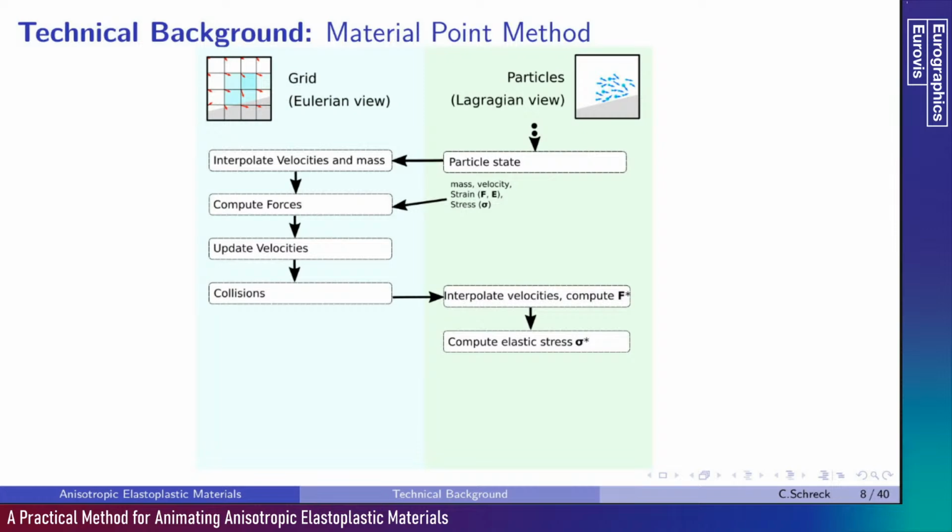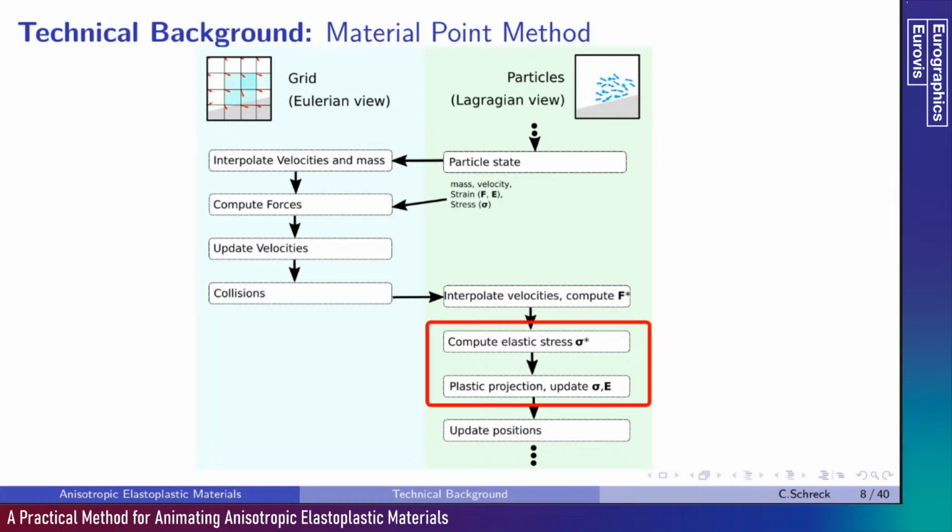To correct this, a plastic step is then applied to project the stress and the deformation back to a feasible state. Finally, the particles are advected and the loop can start over. During this presentation, we are going to focus on the steps where the constitutive law is applied. So let's get into them a little bit more in detail.